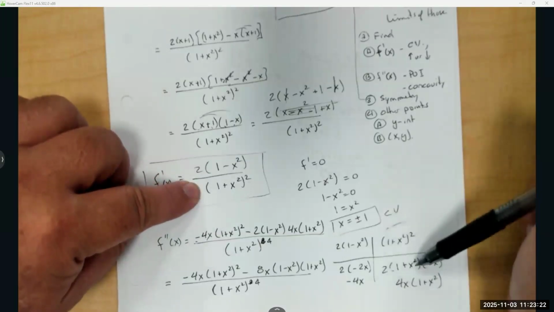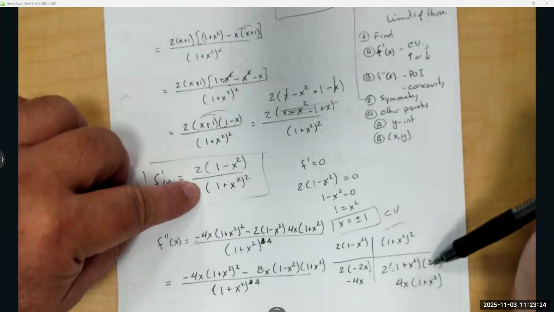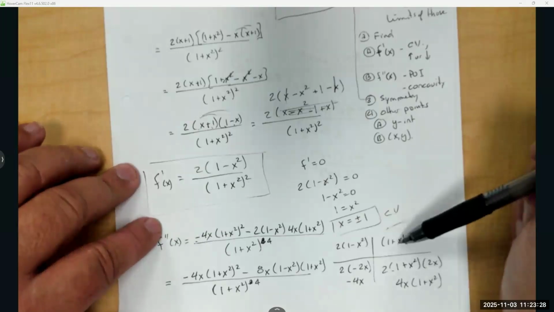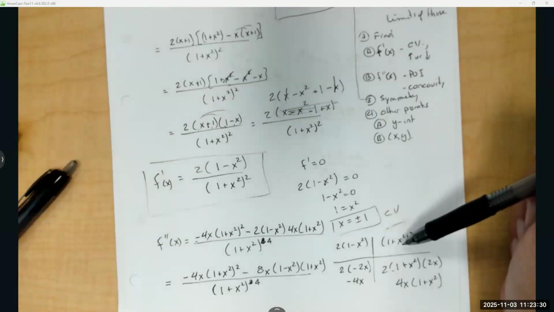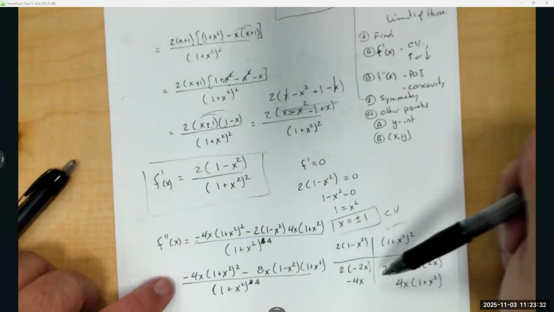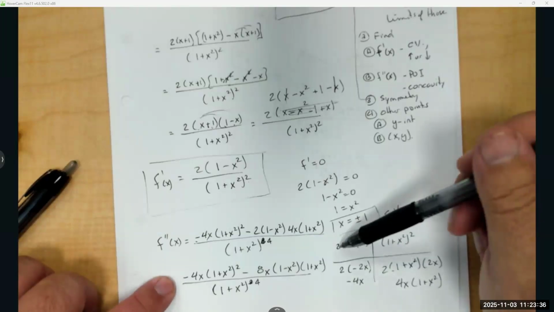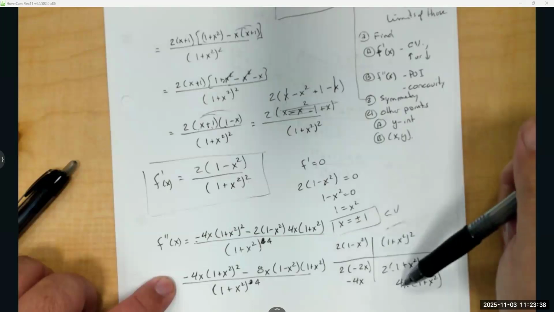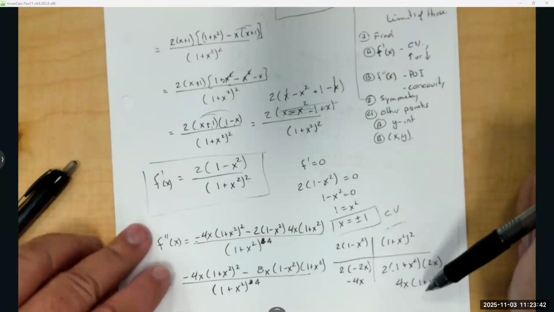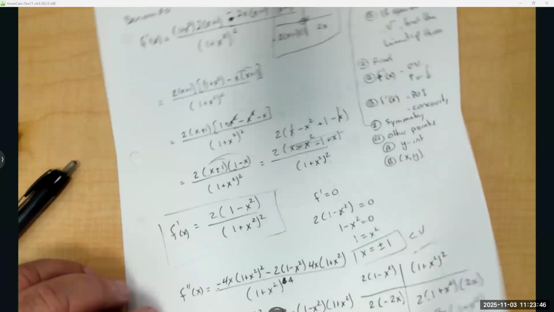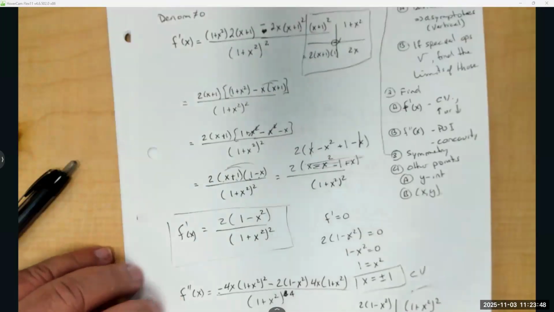So 2 times that times the inside, which is 2x, so it's 4x, 1 plus x squared. Negative 4x times that, minus 2 times 4x, 1 minus x squared, 1 plus x squared. Okay, that looks correct.